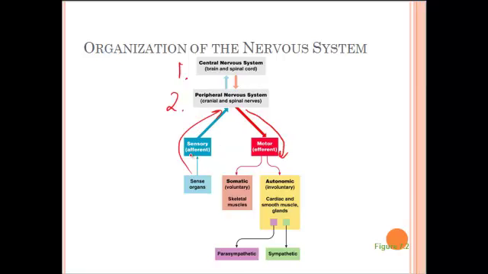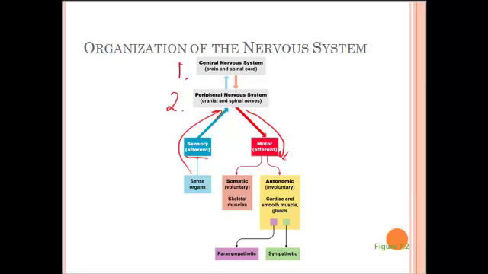There's a couple words here, afferent and efferent. Afferent always means going towards. Efferent means going away from. So the sensory system is moving towards the central nervous system. The efferent system is moving away from the central nervous system.